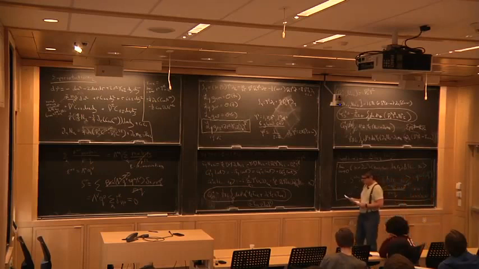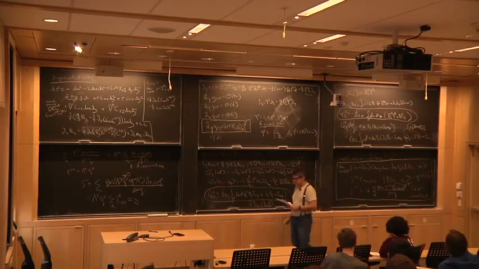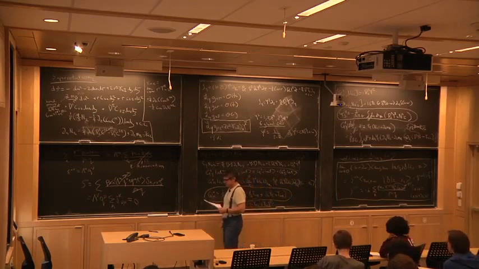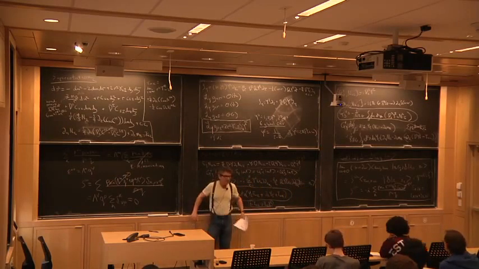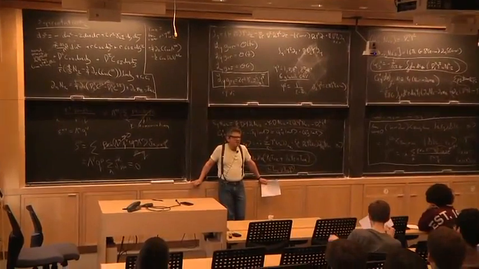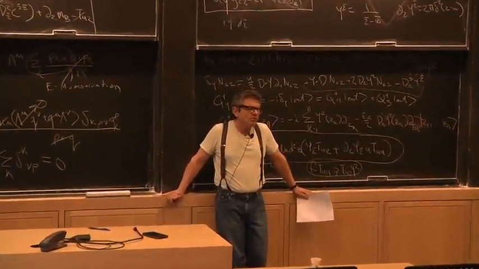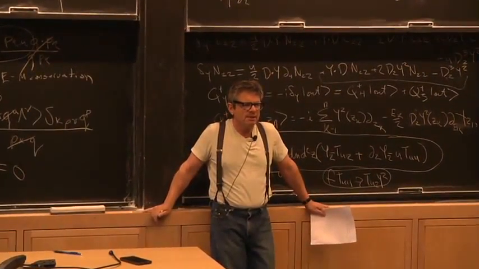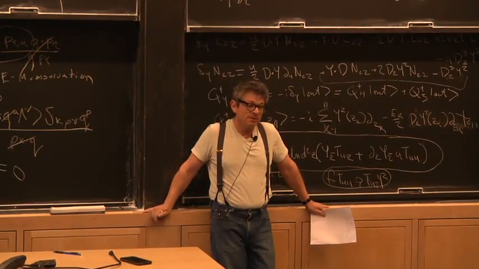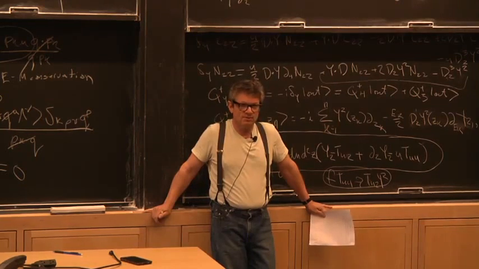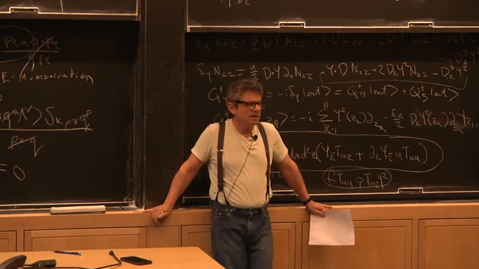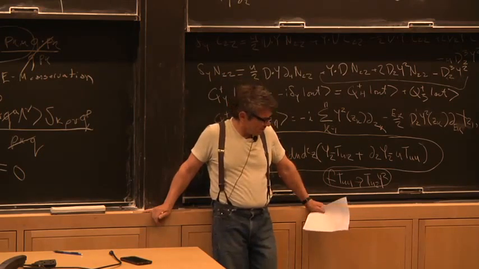Okay, so let me now make some comments about this. First of all, we haven't talked about it, but there's also a subleading soft theorem in abelian gauge theory, which was discovered in 1958, and it's related to some symmetry that we don't really understand very well now. It gets loop corrections.